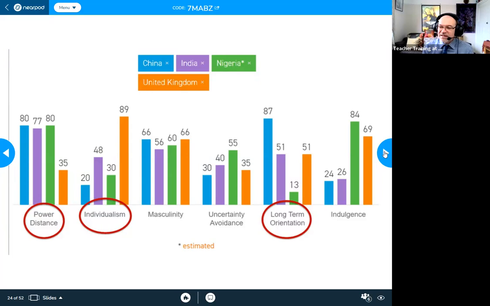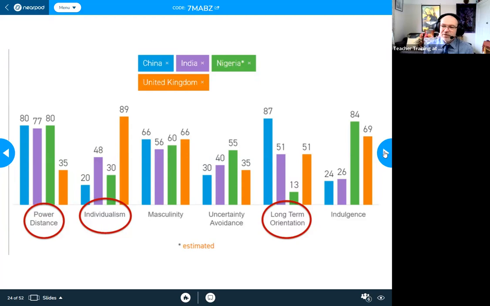So then he also looked at individualism, which is really about how a country views the importance of the individual and their own actions versus the importance of collective action.